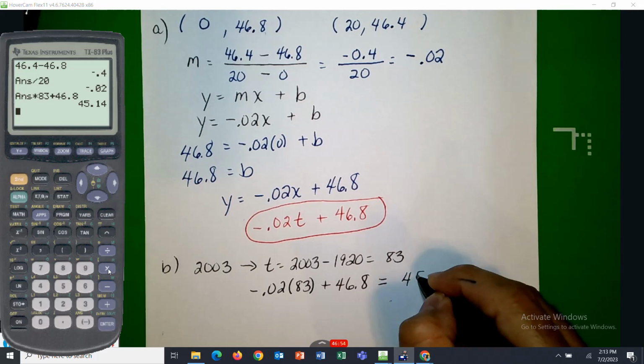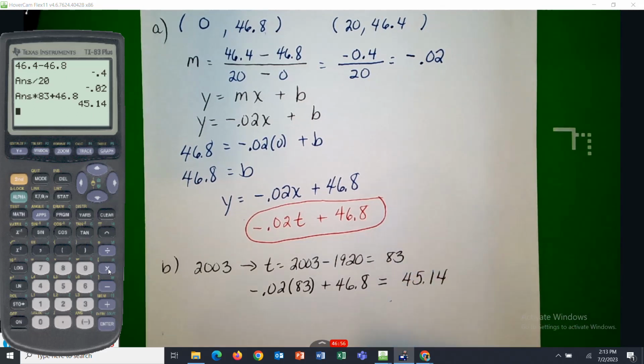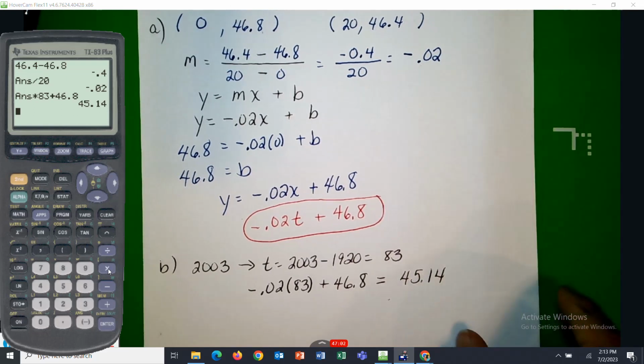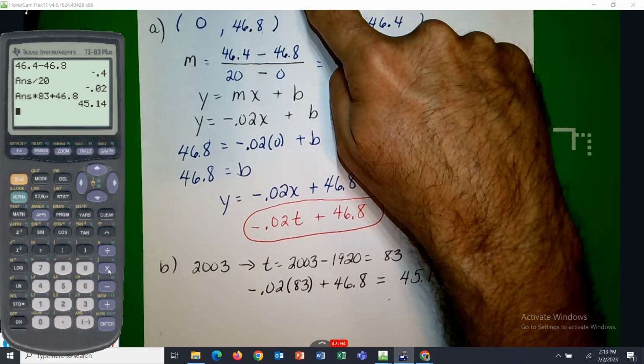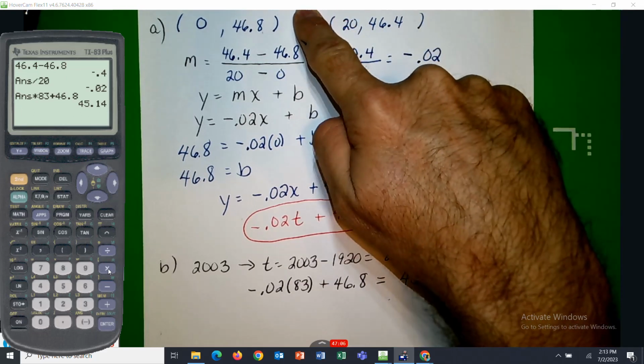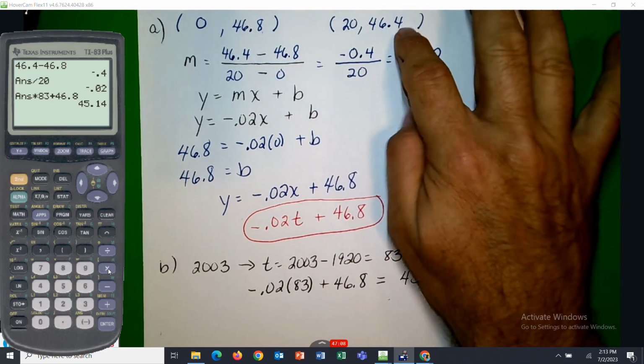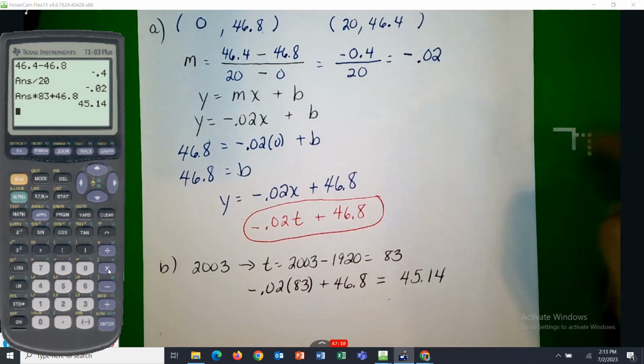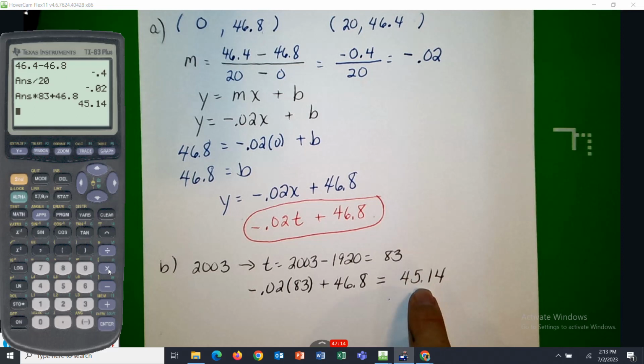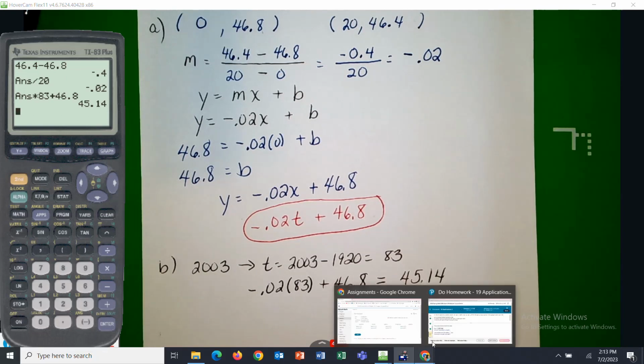Now, does this answer make sense? Well, yes, it does, because in 1920, the record was 46.8. In 1940, 46.4 seconds. So you would expect the people to be getting faster and faster, and whatever the sport is, it's now down to 45.14 seconds in 2003.